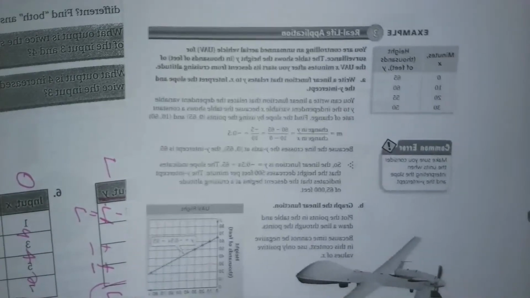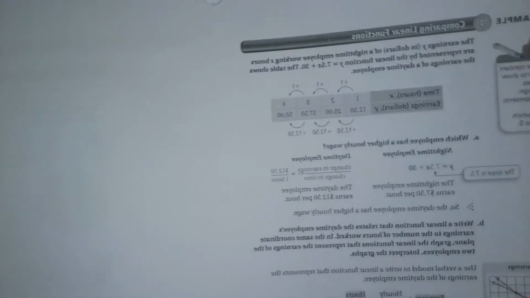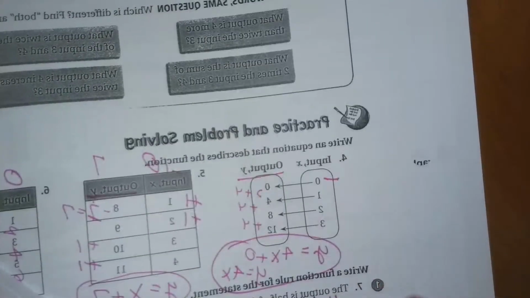Now we have it in a real world format. So I have more examples. Here it shows what the change is. Okay, so those examples are there for you to fall back on, look at.